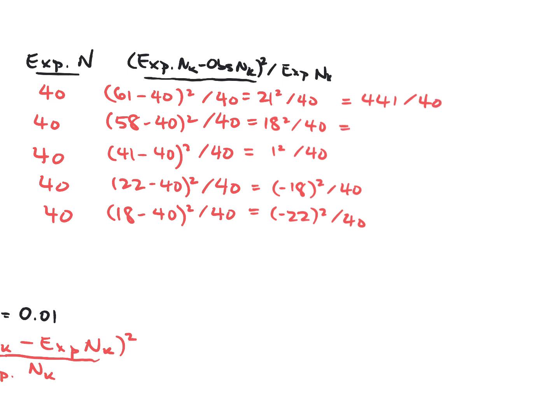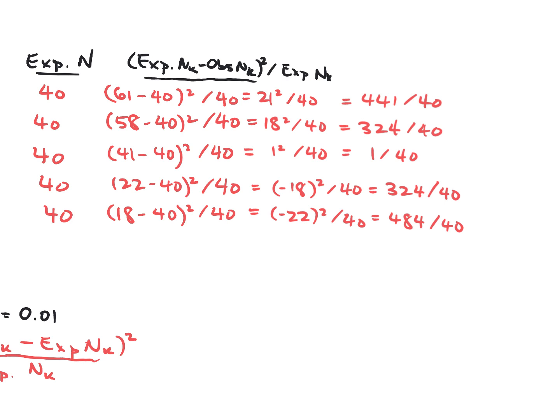Okay, 18 squared is 324 over 40. 1 squared is 1 over 40. Negative 18 squared is the same as 18 squared, 324 over 40. And then finally, 22 squared is going to be 484 over 40.